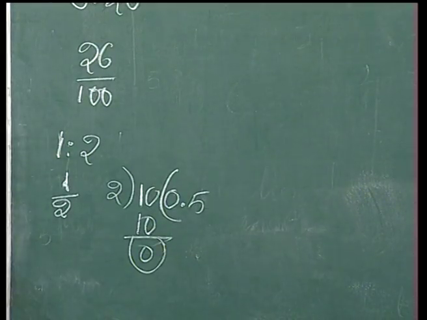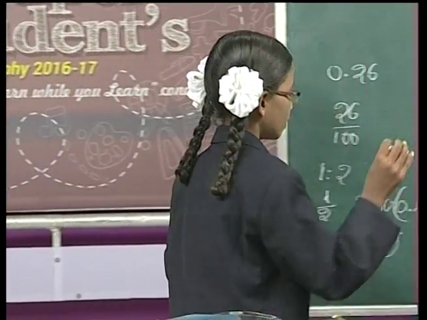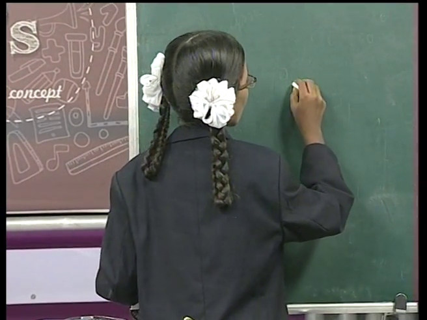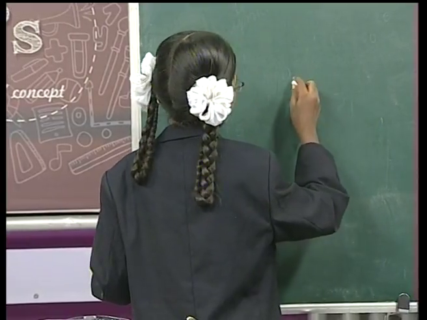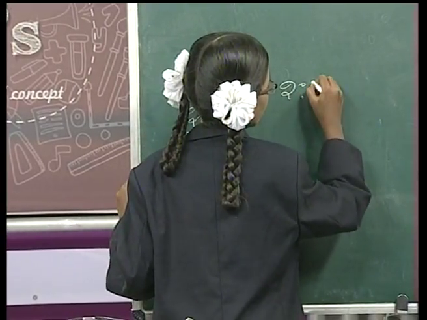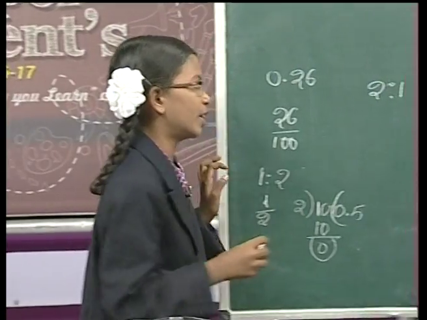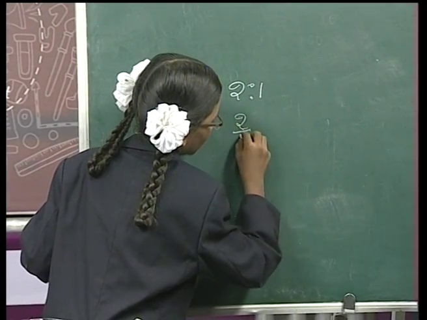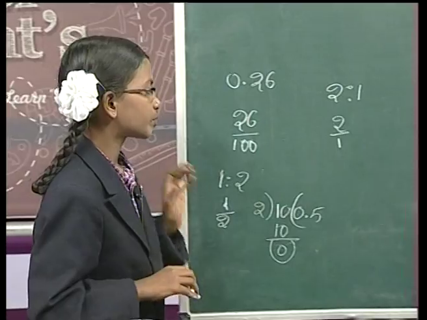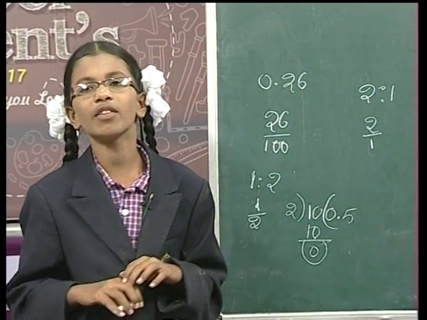Friends, similarly a ratio can also be converted into a decimal. For example, 2 is to 1. First we convert it into the fraction 2 by 1. Friends, how do we convert into a decimal?